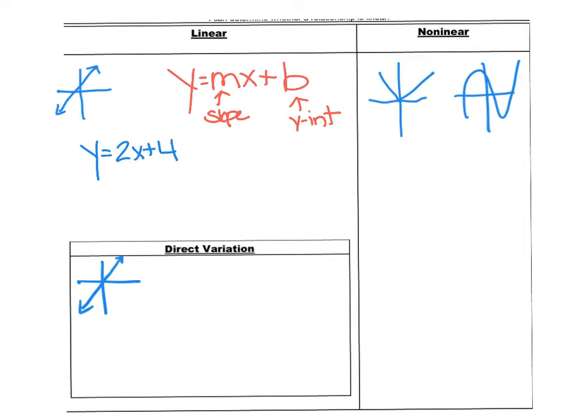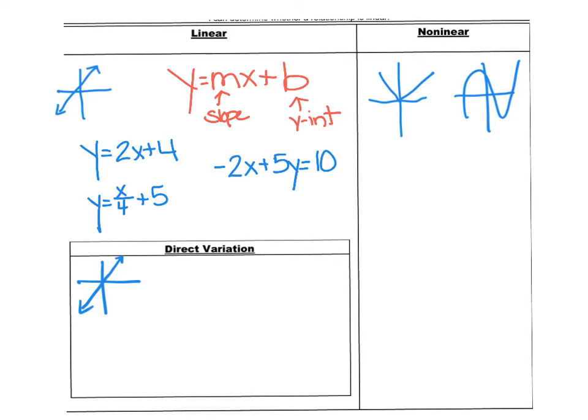You could have the x on the other side, like negative 2x plus 5y is equal to 10. You can have a fraction, something like y is equal to x all over 4 plus 5.